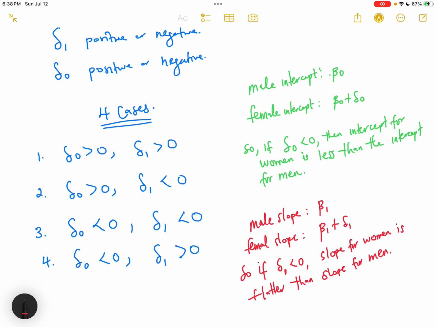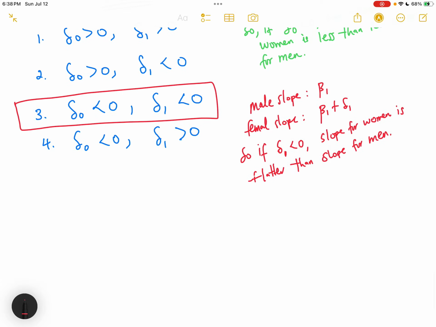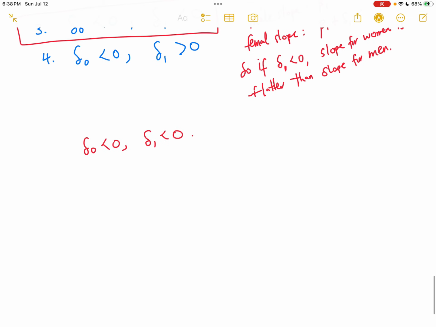And so let me draw just one. One where delta 0 is negative and delta 1 is negative. So which one am I drawing? I'm drawing this one, item 3. So for item 3, we will draw delta 0 negative, delta 1 negative, and I'll draw my axes so people can know what we are doing and go try it out on their own.